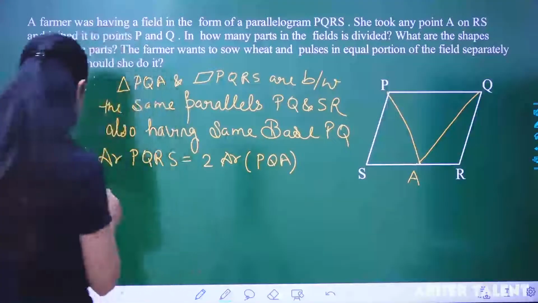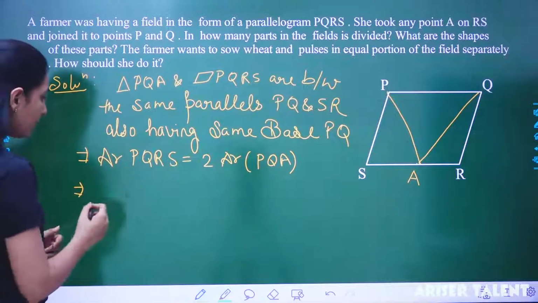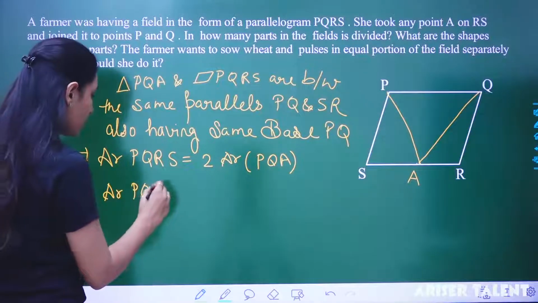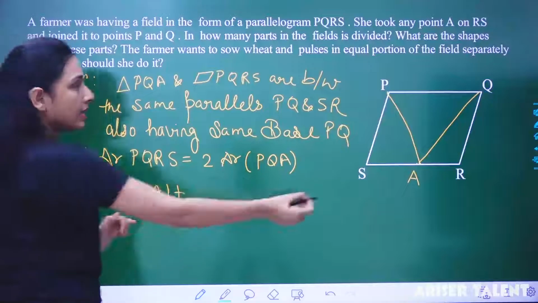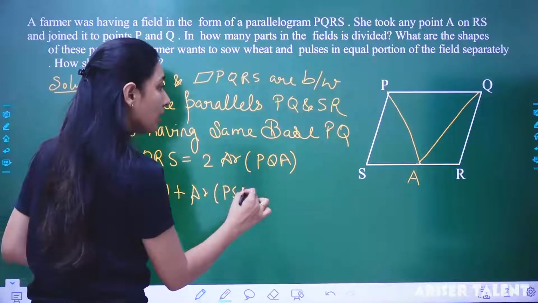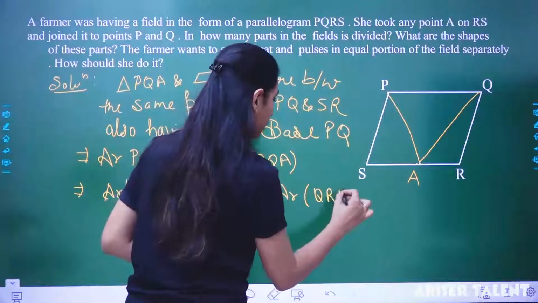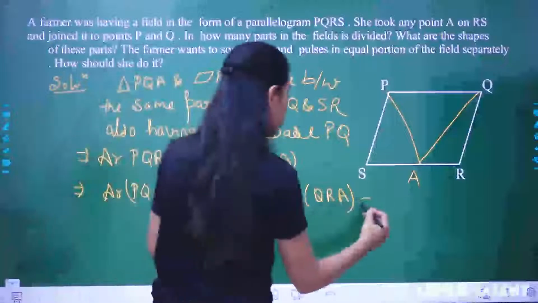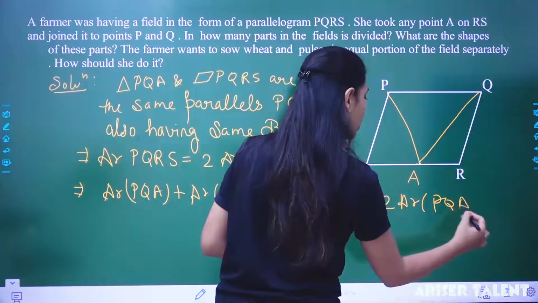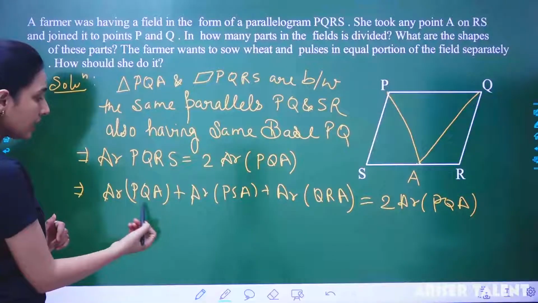Now, also we can say that area PQRS is what? Area PQA plus area PSA plus area QRA, which is equal to twice area PQA. So here we have 2 area PQA, and here we have area PQA.